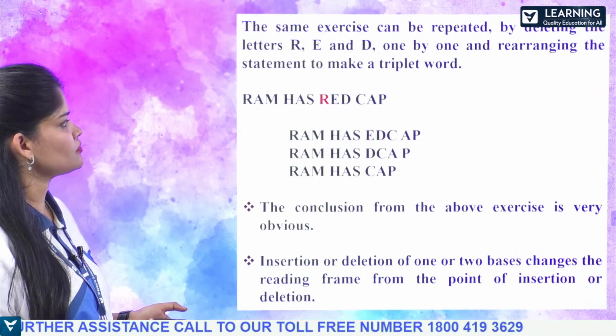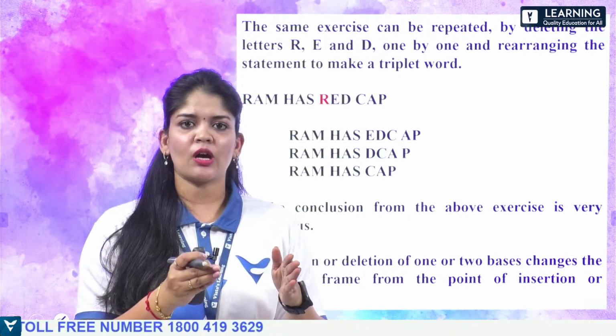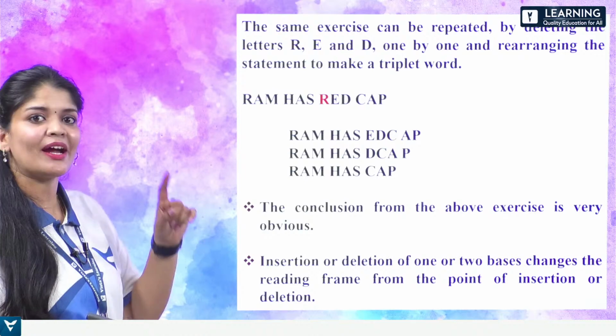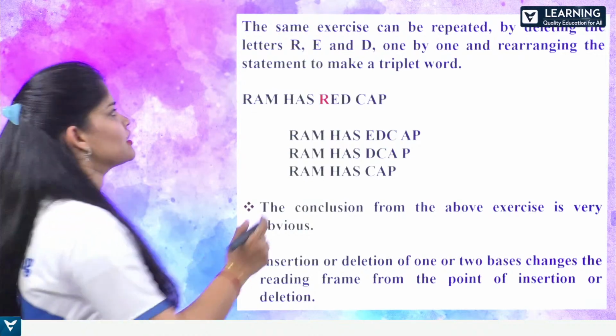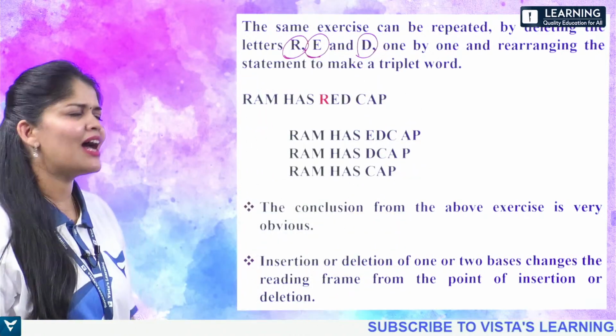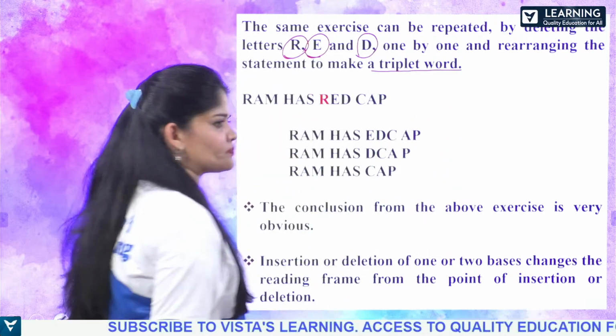Now, this is all about insertion. Let's talk about deletion. Similarly, the same exercise can be repeated by deleting the letters R, E and D one by one and rearranging the statement to make triplet words.